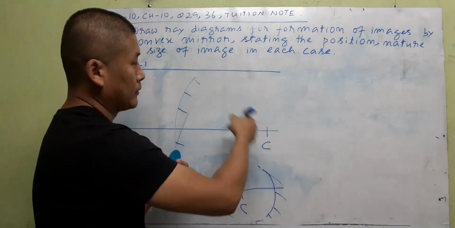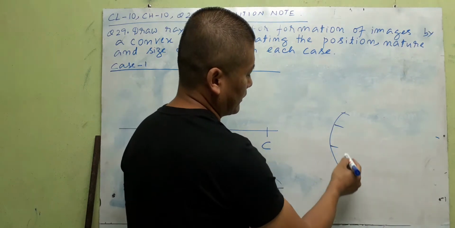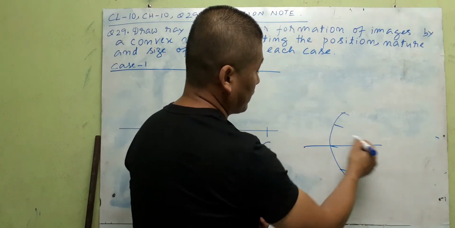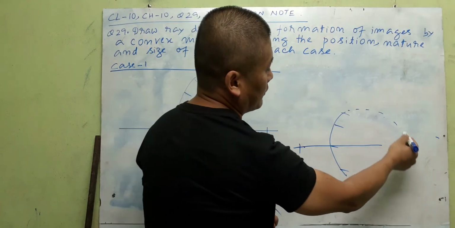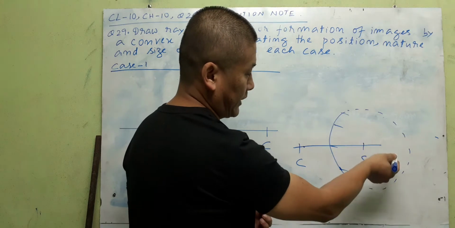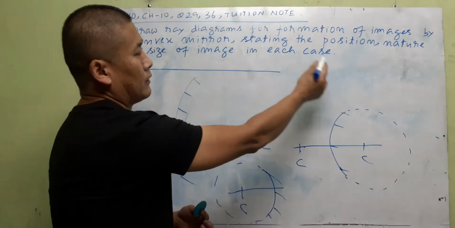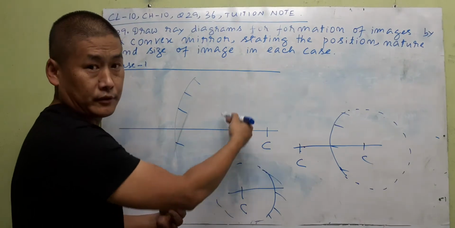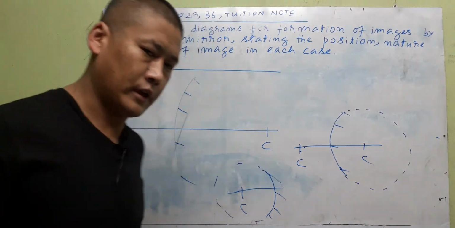So the center of the ball cannot be this side. Some people draw convex like this, and that's a mistake. They put the C here. Now think about it. The shape of a ball is like this, so the center will be inside, not on the left side. But they draw it here, which is wrong. So be careful. Look at the curve and you will know where the C is, on the right: the center of the ball from where the mirror is taken out.